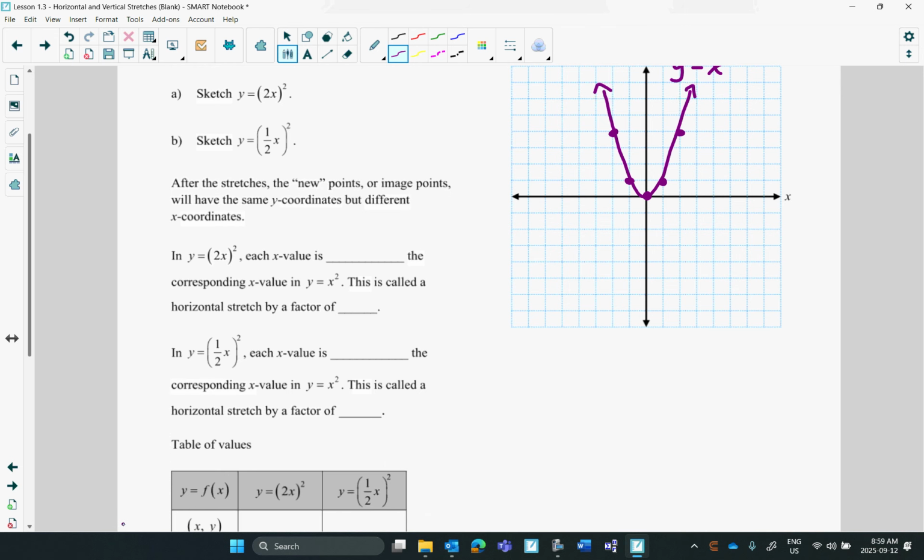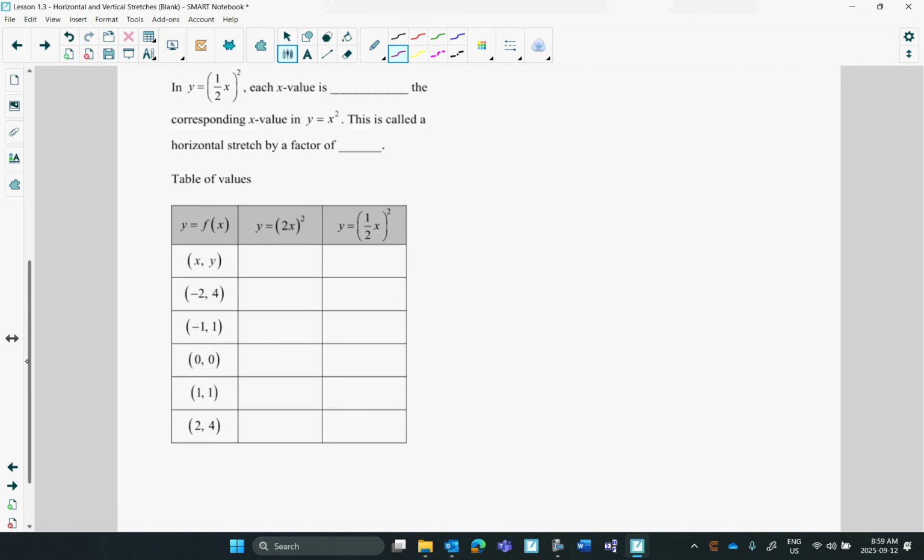Notice that's a big difference between the previous one because now the 2 is inside. I multiply the 2 by the x first before I square it, whereas in the other one, I squared it first, then multiplied by 2. So remember, in this one, the x values change, the y values do not, when we stretch horizontally.